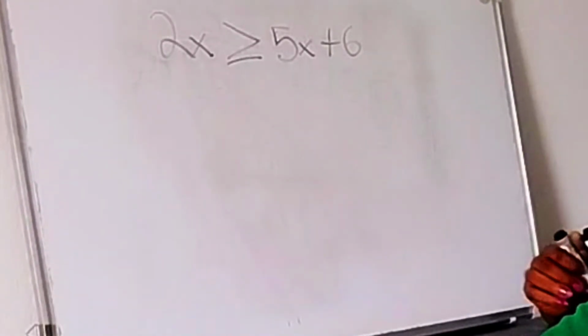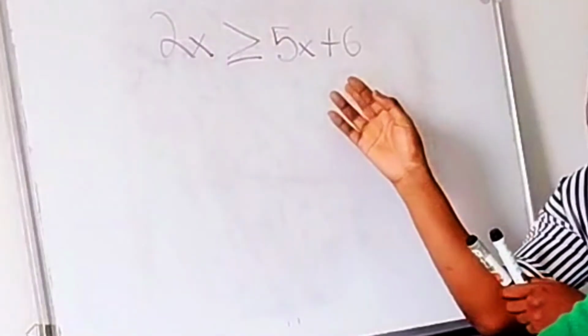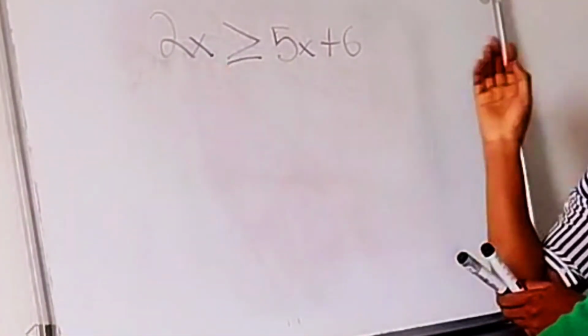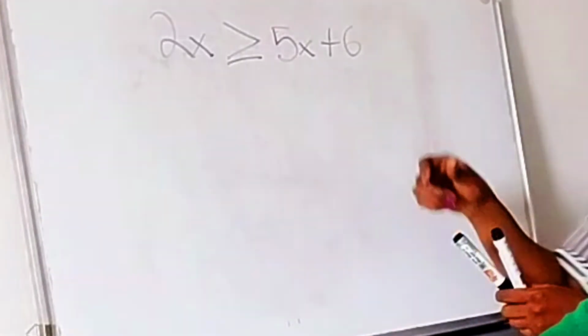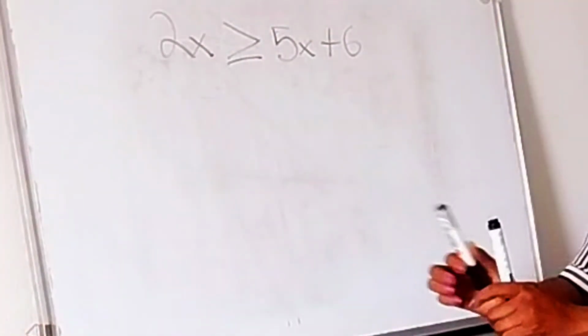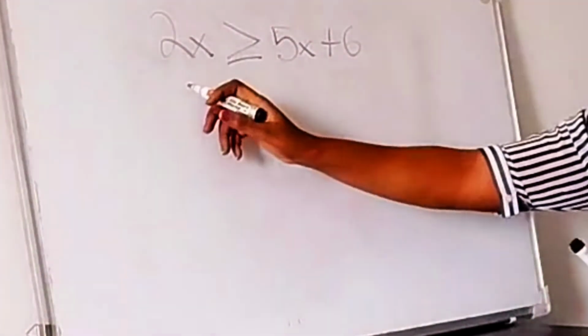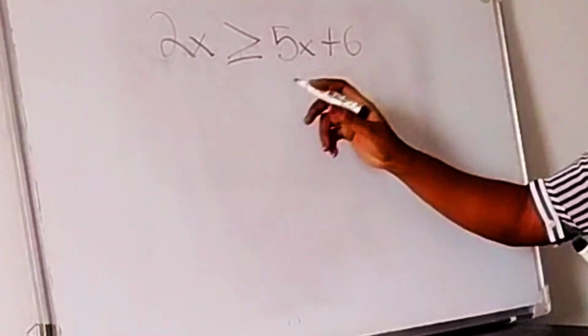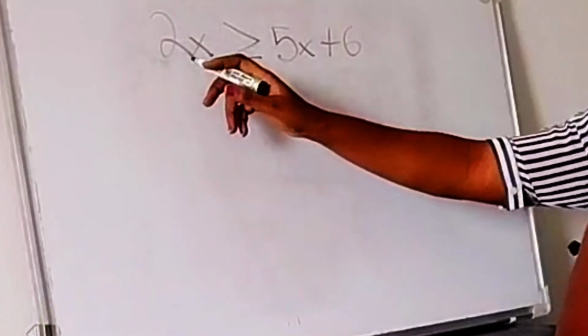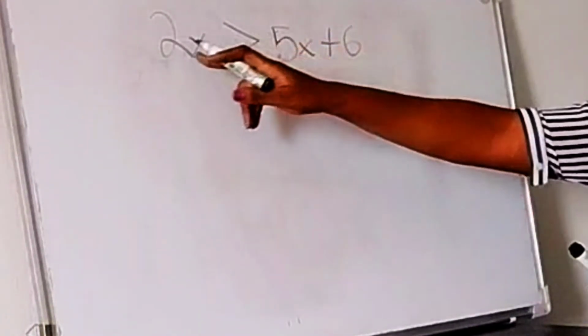This is an inequality, but we're going to solve it as if it's a normal equal sign. That's all. So let's subtract both sides by 2x.